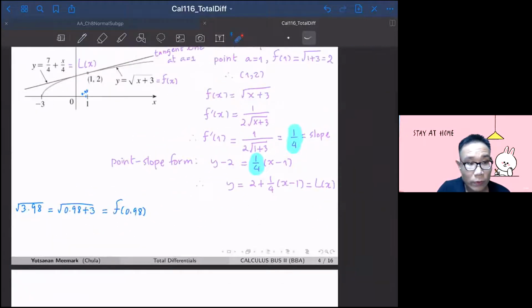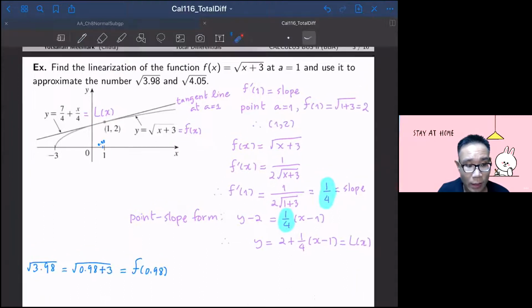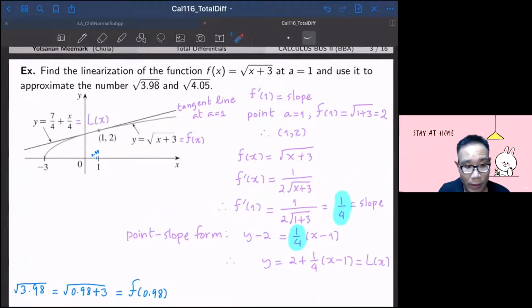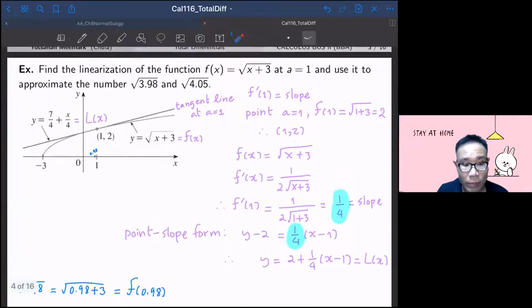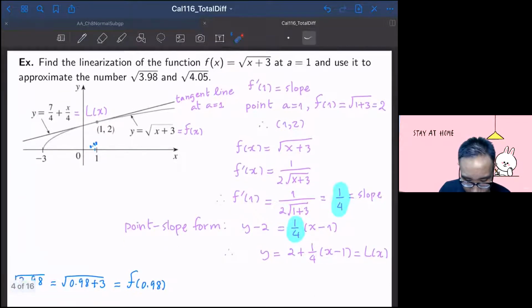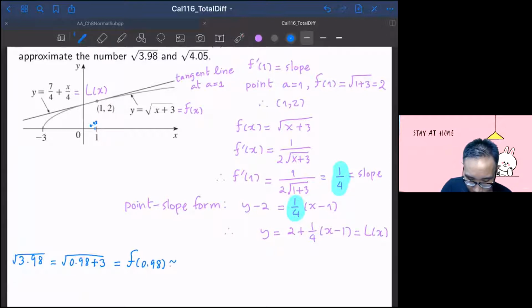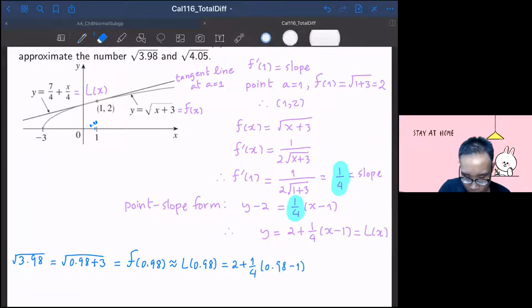So in this case, the square root of 3.98 equals the square root of 0.98 plus 3, which is equal to f of 0.98, and this is about L of 0.98. L of 0.98 turns out to be 2 plus 1/4 times (0.98 minus 1).